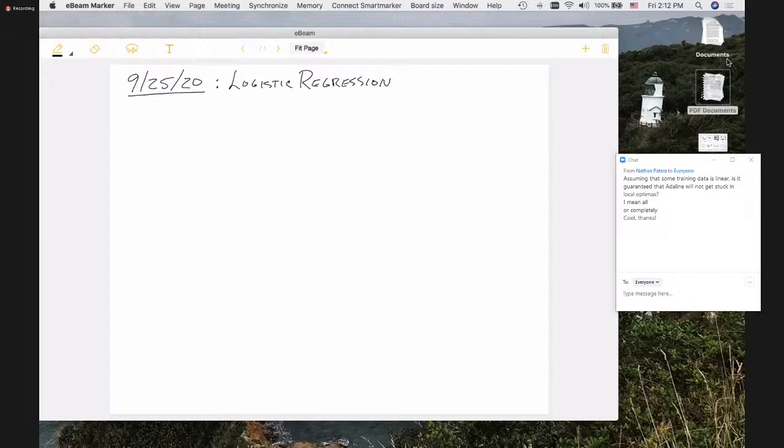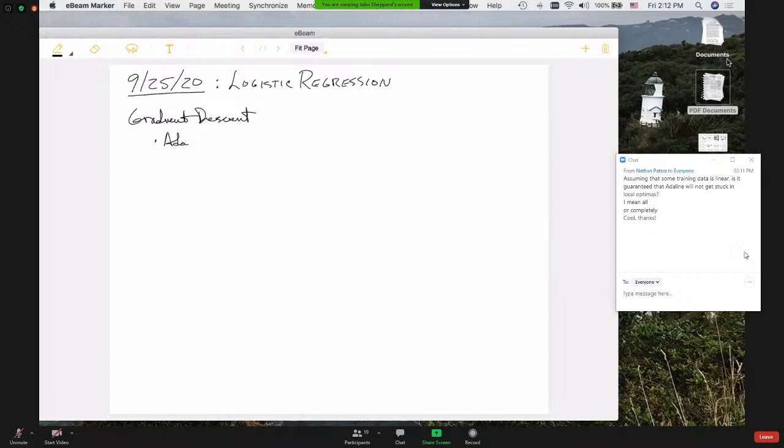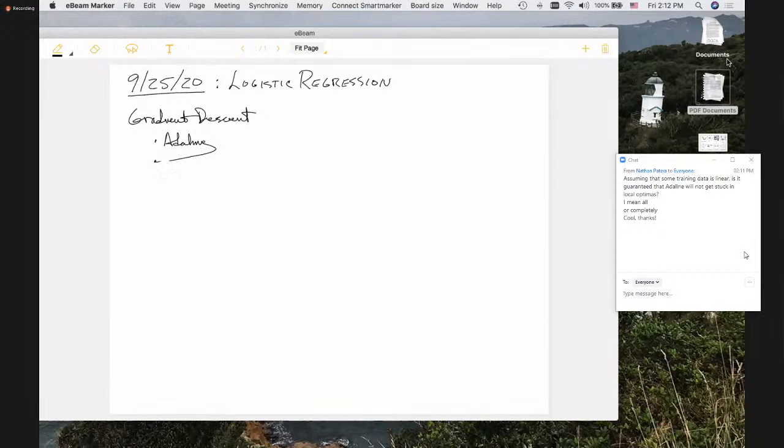In particular, if you look at the gradient descent rule, you'll recall that we said that both Adaline and the perceptron used gradient descent, even though in the case of the perceptron, the connection to gradient descent was less clear, and the way we demonstrated it was by actually setting very specific values.